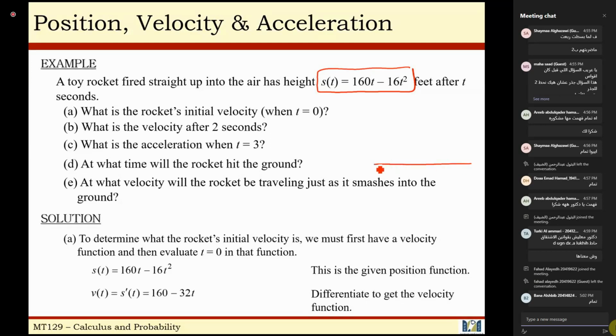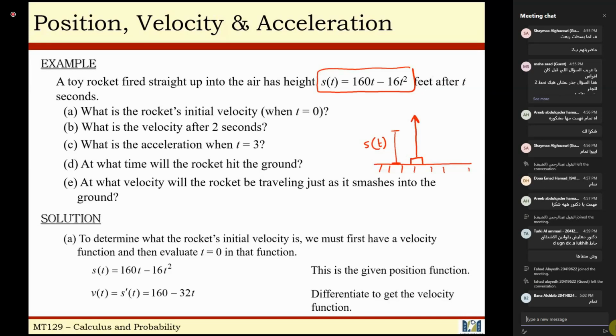For example, if we have the ground and this rocket fired straight up in the air, the distance between any point of the rocket and the ground, we can substitute the time to find the distance between the ground and the rocket by S of t.